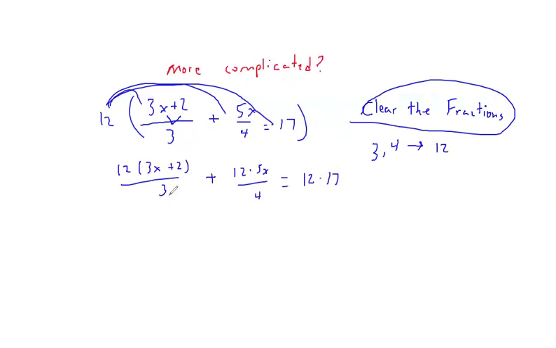But look what's going to happen. The 3 is going to cancel into the 12 and give me a 4. Then the 4 is going to multiply through and give me 12x plus 8. The 4 is going to cancel with the 12 and give me a 3. 3 times 5x is 15x. And then the 12 and the 17 simply get multiplied, and I get 204.